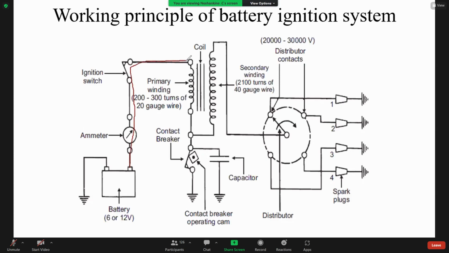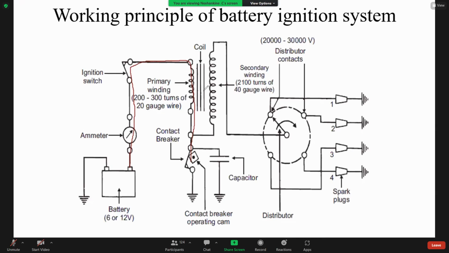It comes this way and reaches here. At that time, we have current passing. Due to this current passing, we can observe the magnetic field here because we have winding.